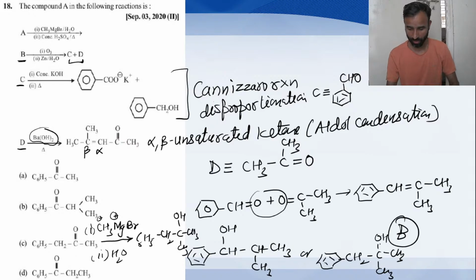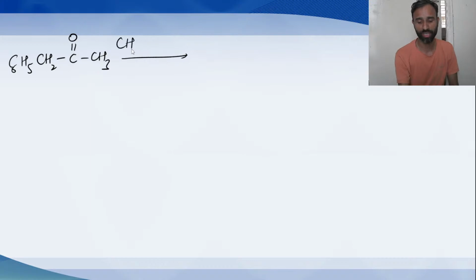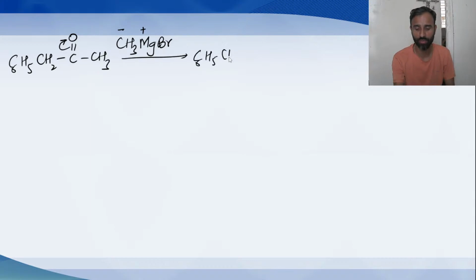Let's do it on the next page. C6H5 CH2 C double bond O CH3. When we treat it with CH3 MgBr, what would we get? This is negative and this is positive. The pi electrons move towards oxygen. So we get C6H5 CH2 CO negative, MgBr positive, CH3 CH3.